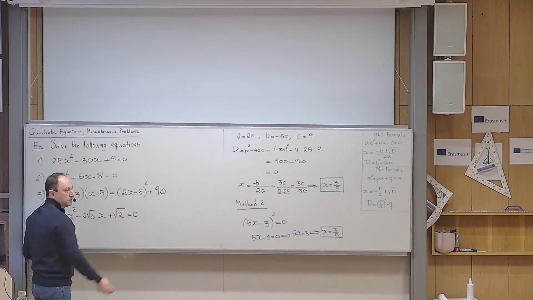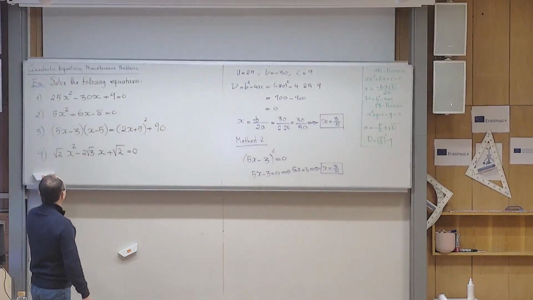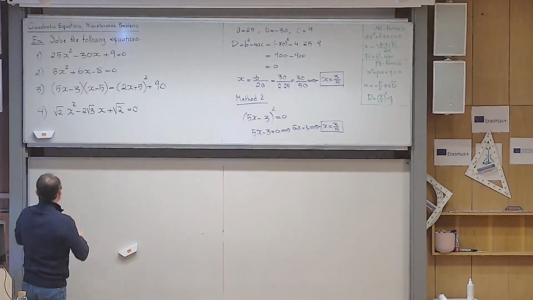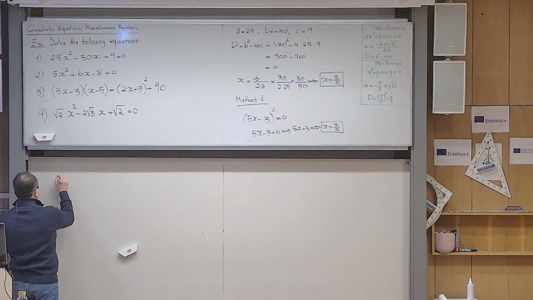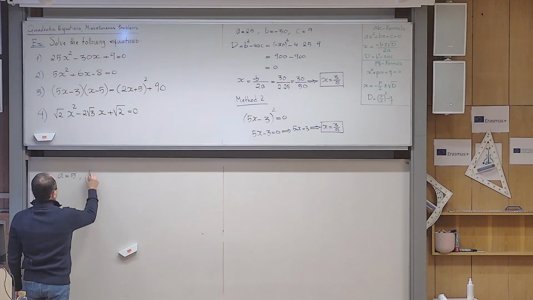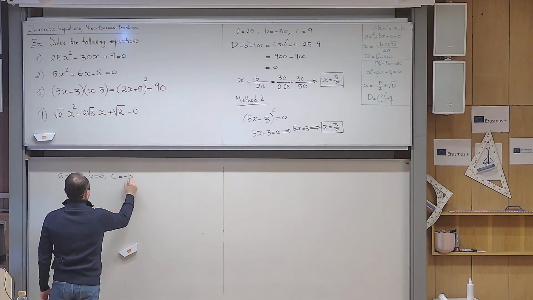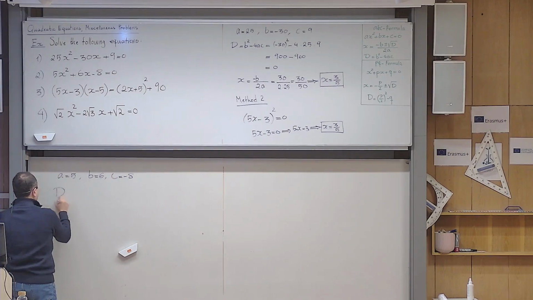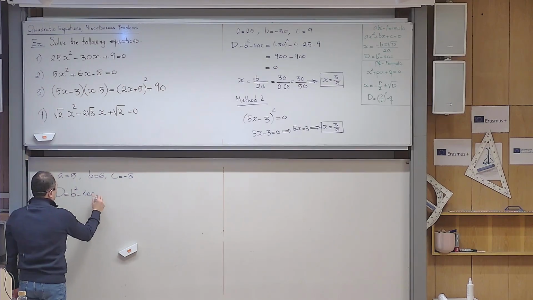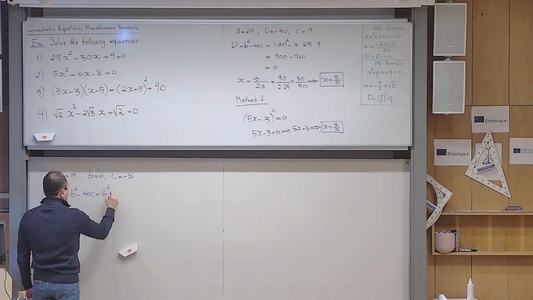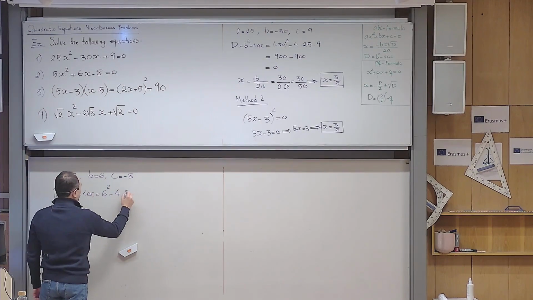I will repeat the same thing. For this problem, I have 5x squared. So a is what? 5. What is b? 6. And what is c? Minus 8. The first thing I do, I calculate the discriminant. So this is 6 to the power 2 minus 4 times a times c.